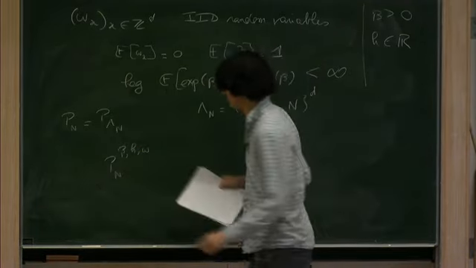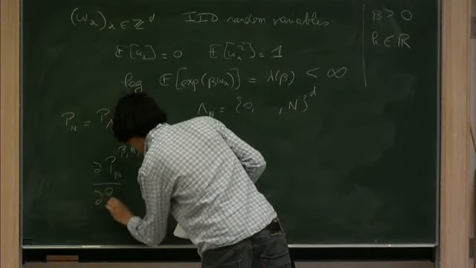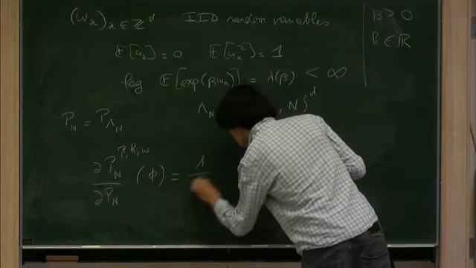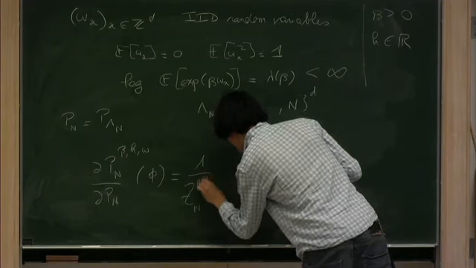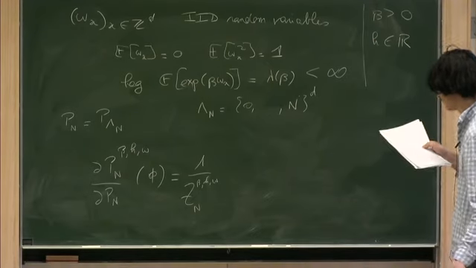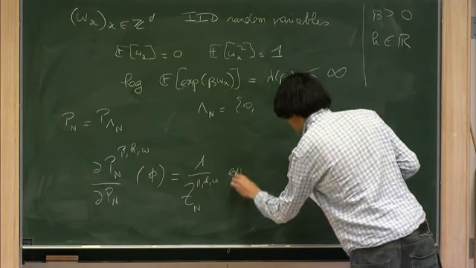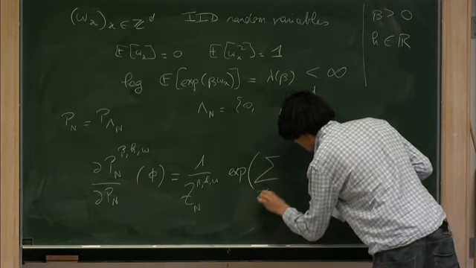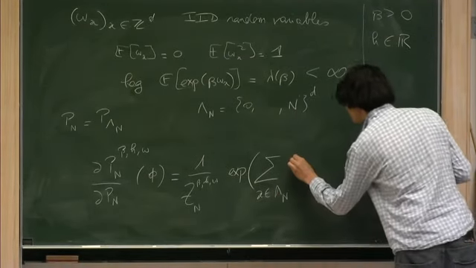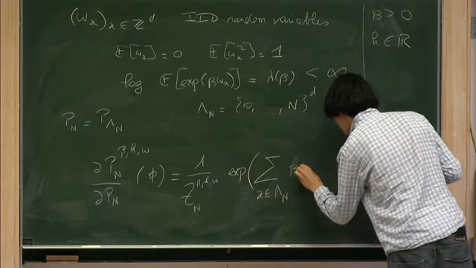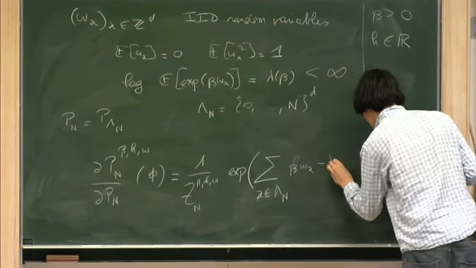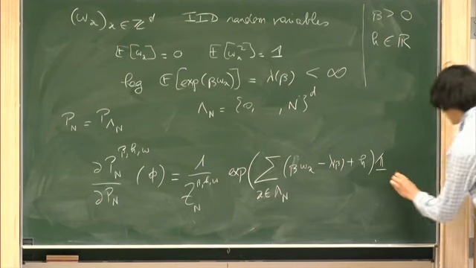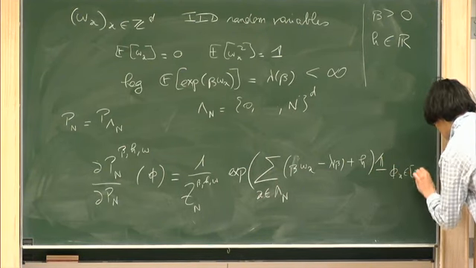It's absolutely continuous with respect to Pn, and the Radon-Nikodym derivative is given by 1 over Zn beta h omega. It's a partition function which is there to have expectation 1. And then you have an exponential term which is given by the sum over all x in my box of beta omega x minus lambda beta plus h, multiplied by the indicator function of phi x in [-1, 1].